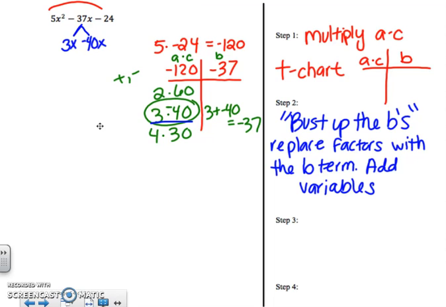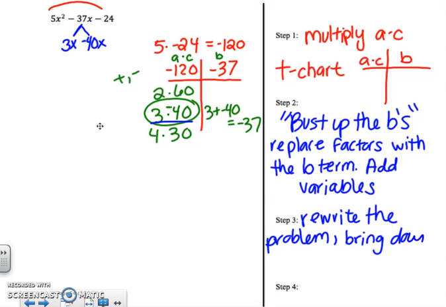Then you're going to rewrite the problem for step 3. You're going to bring down the first term and the last term. So I'm going to bring down this 5x squared, and I'm going to bring down that negative 24.